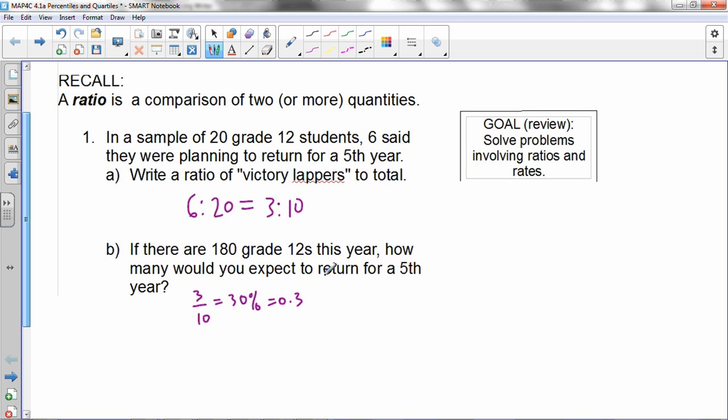Then to figure out how many out of 180, it's just 30% of 180, and I think that is 54 people. And that's one of the things about stats, is that we can do a little sample of 20 and then make a prediction about the entire group.